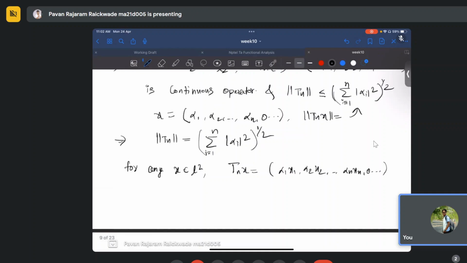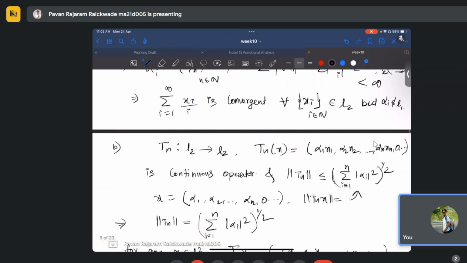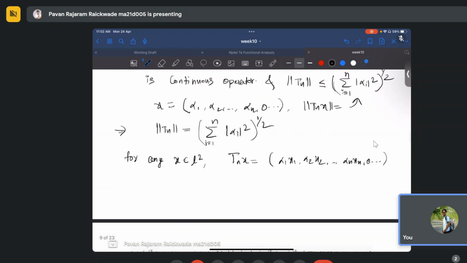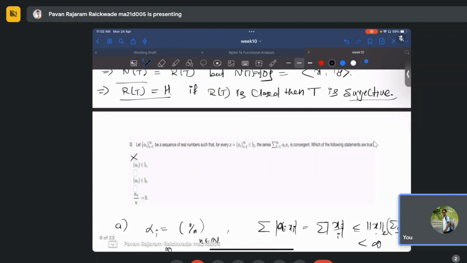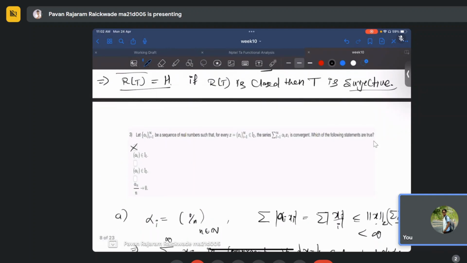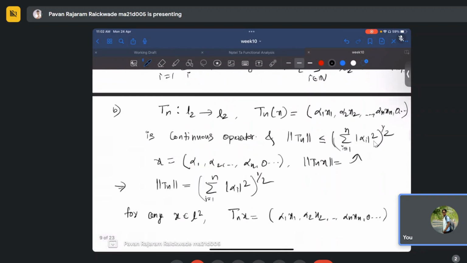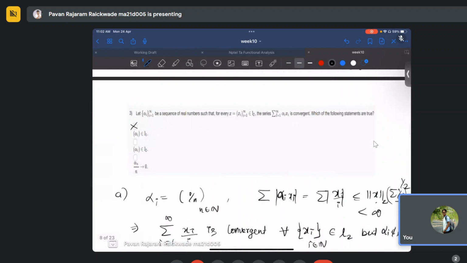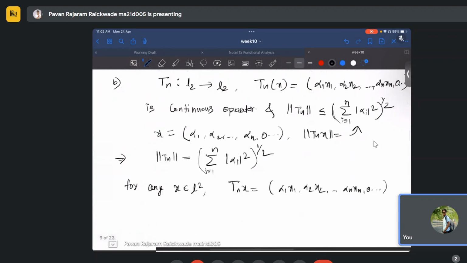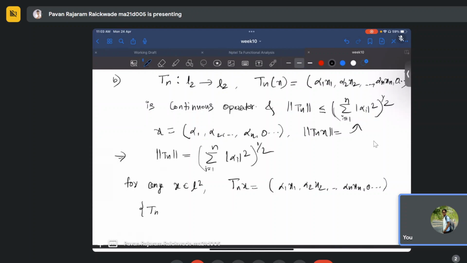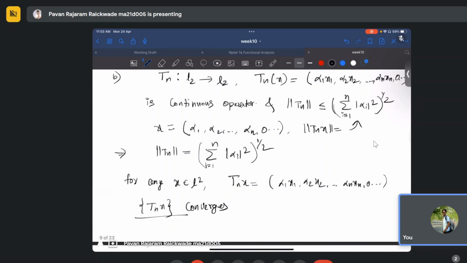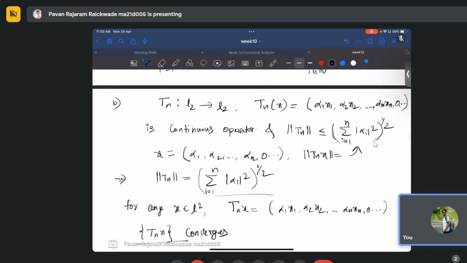We know that the series converges, right? The summation of alpha i xi, the option. If the summation of alpha i xi series converges, then I know this Tn x converges. Yeah, but this converges pointwise, Tn x, and it's bounded because we know the norm of Tn is this.